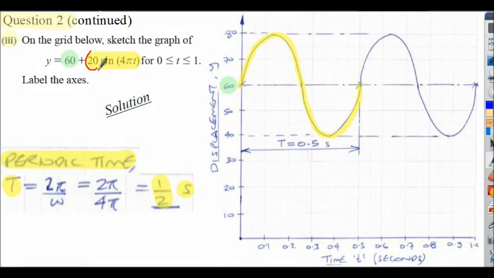Notice the 20 in the formula is the amplitude of the waveform. So the maximum height of the waveform will be 80, and the lowest or minimum point of the waveform will have a displacement of 40. So that's a sketch of the waveform between 0 and 1 second.